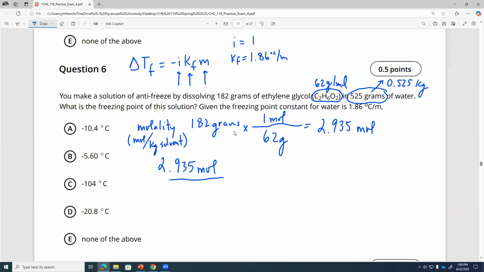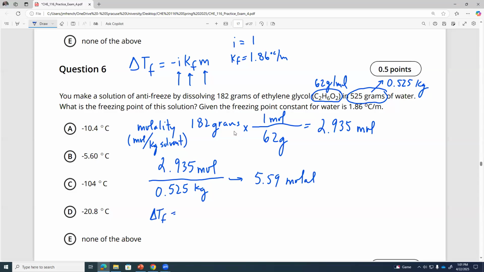And I made it easy and just said that's how much water we have, right? So we could just take that, convert that to kilograms. So divide that by 0.525. All right, we get a molality of 5.59 molal.